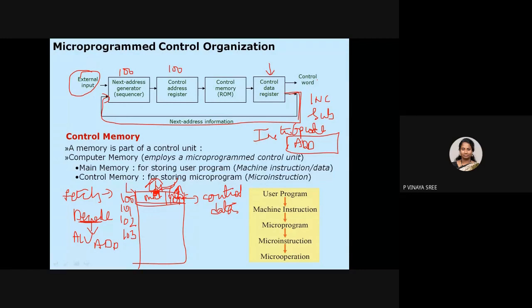So based on that, this is your external input. It is taking the input from the instruction, from the part where the opcode is. Based on that, it will generate an address, and it has to go to that address and start executing.